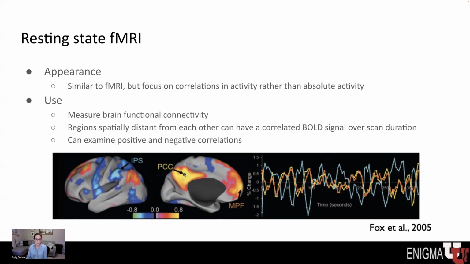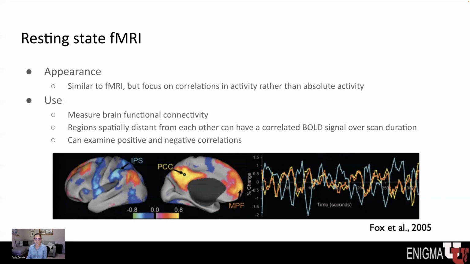So in this example here, if your starter region, we call this a seed, was the posterior cingulate cortex, your question would be, where else in the brain over this 5-minute period has a similar pattern of activity to the posterior cingulate cortex? And it turns out that one of these regions is the medial prefrontal cortex.